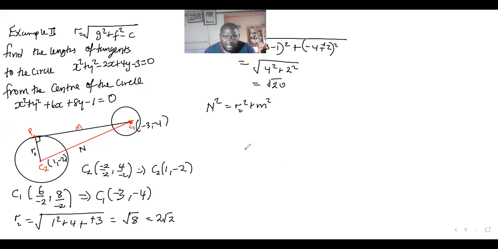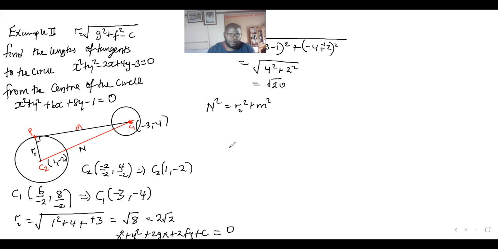Yes, teacher. And the general equation of the circle is x squared plus y squared plus 2gx plus 2fy plus c is equal to 0, not so? Yes, teacher. When you do the comparison, I understand. I see where I got the 3.